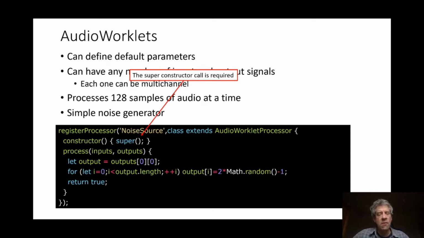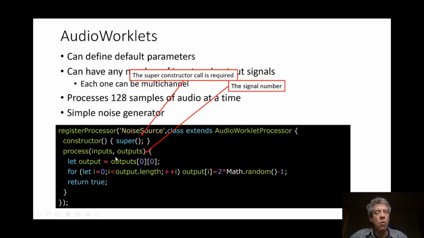Then we have the process routine within the processor. That's the important one. So it's where we deal with the inputs, but in this case, it's just a generator, just a source. So we don't have any inputs, and we deal with the outputs. We define an output here to be an output channel.